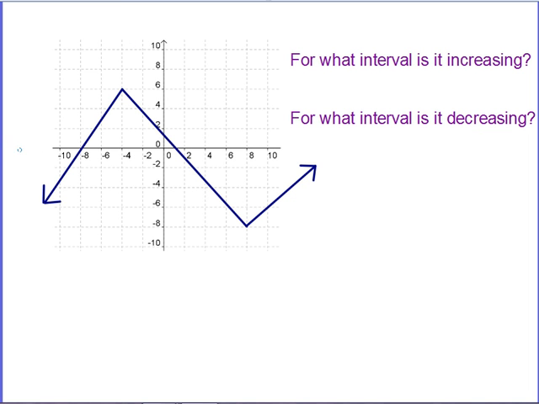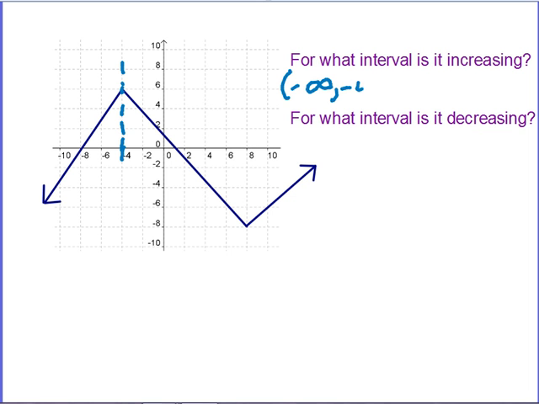This graph, when I'm clear out here at negative infinity moving forward, has a positive slope. So it's increasing starting at negative infinity. And for what x value does it stop increasing? It stops increasing right here at that point, and that has an x value of negative 4.